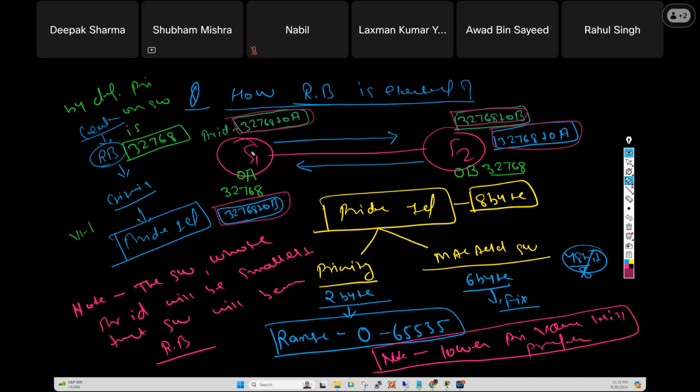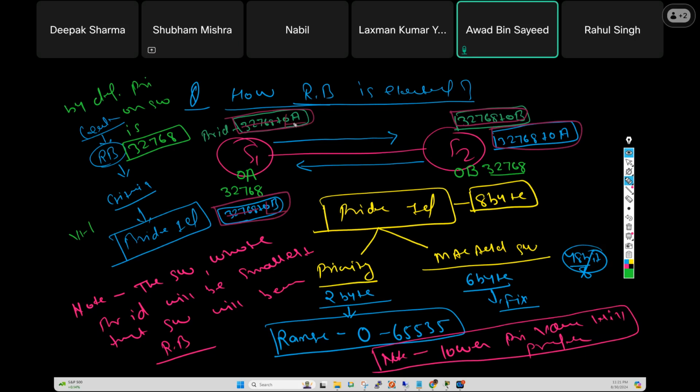So what will switch number 1 do? Switch number 1 will match the priority. Priority is a tie. In both bridge IDs, the priority is the same. Now switch number 1 checks the MAC address, 0A and 0B. So 0 and 0, this is also a tie.